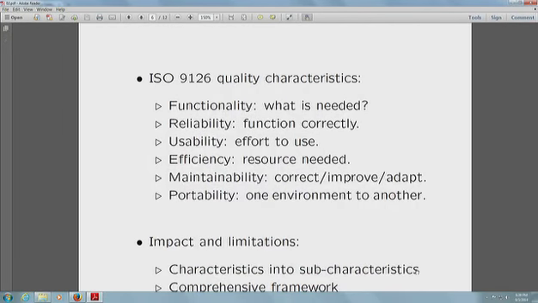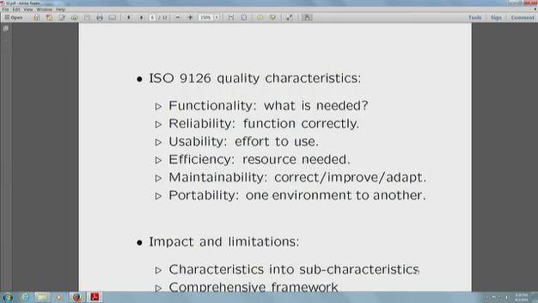Okay, so in ISO 9126, essentially what they did is they looked at quality not really from the different perspectives of who's looking at the quality, but at quality itself. Quality contains this, contains that. So what are the characteristics or attributes of quality? What are the elements of quality?